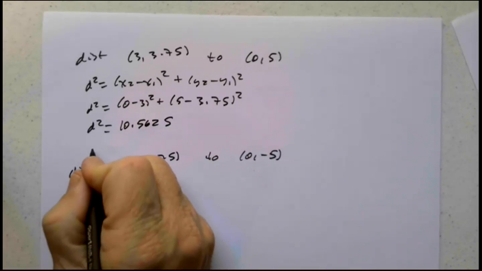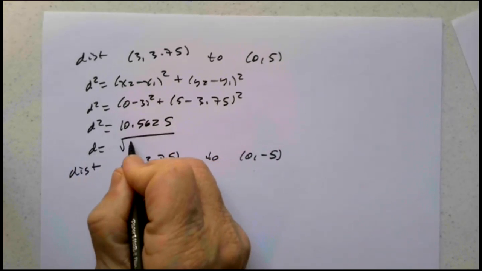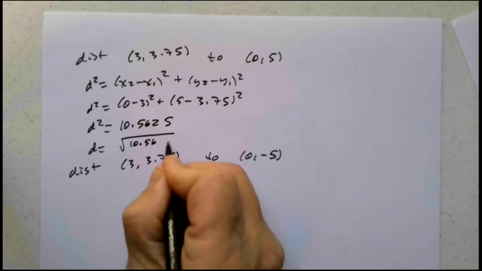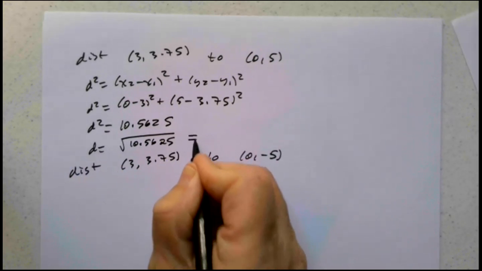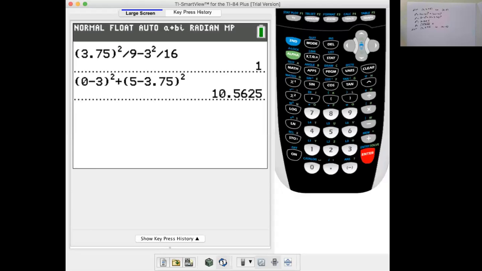Okay, so the distance is the square root of 10.5625. And what does that give us? Square root of 10.5625 gives me 3.25.